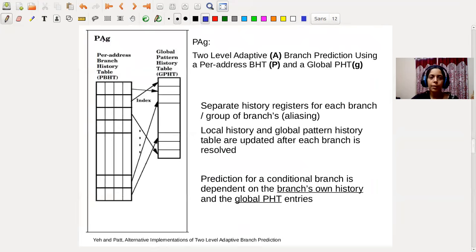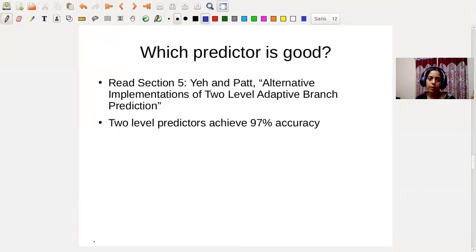Whereas the other type, the PAg, the first one, the BHT, is going to be dependent on the branch's own history, whereas the pattern depends on the global entries. So this pattern history table is shared by all other branches, whereas this BHT is per address. So if you could refer to this paper, they have more explanation on which one is better.